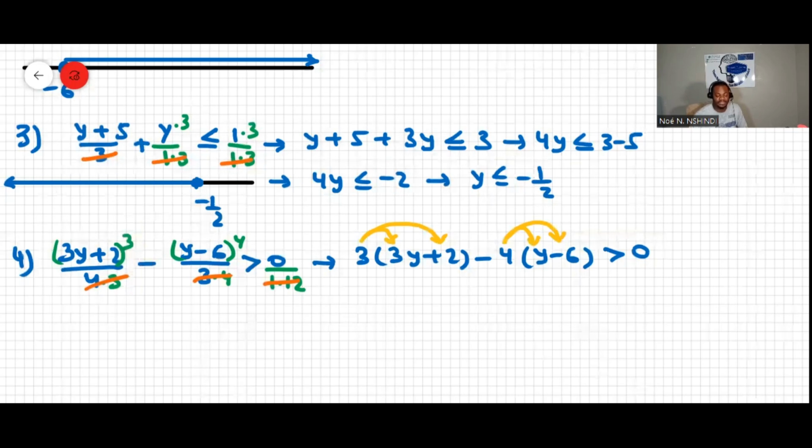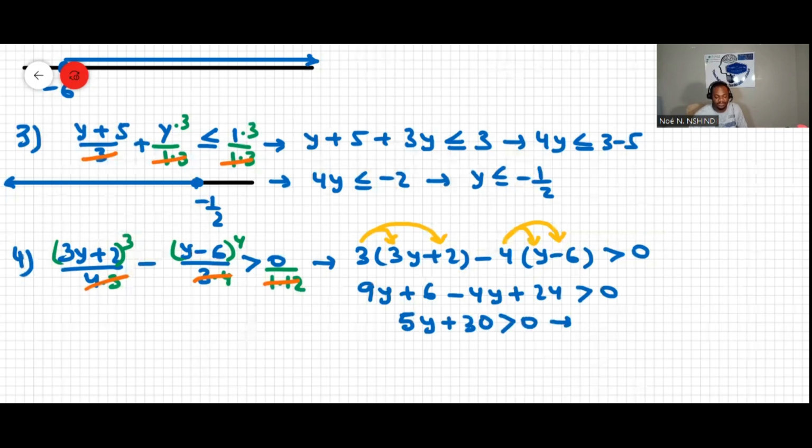That makes what? 9y plus 6 minus 4y plus 24 greater than 0. Okay, that makes 5y plus 30 greater than 0.